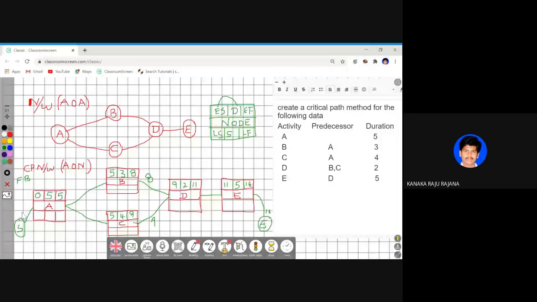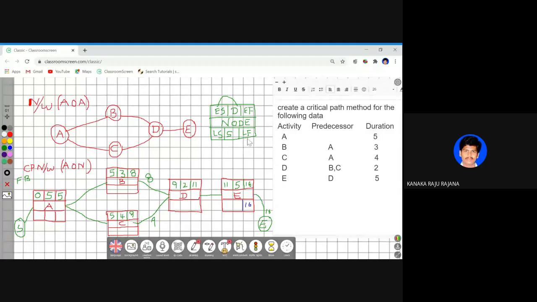Now, the backward pass. Let me initialize the backward pass with one more color. Now, 16 will be the late finish. Remember, for a backward pass, the lower parameters are going to play the role.